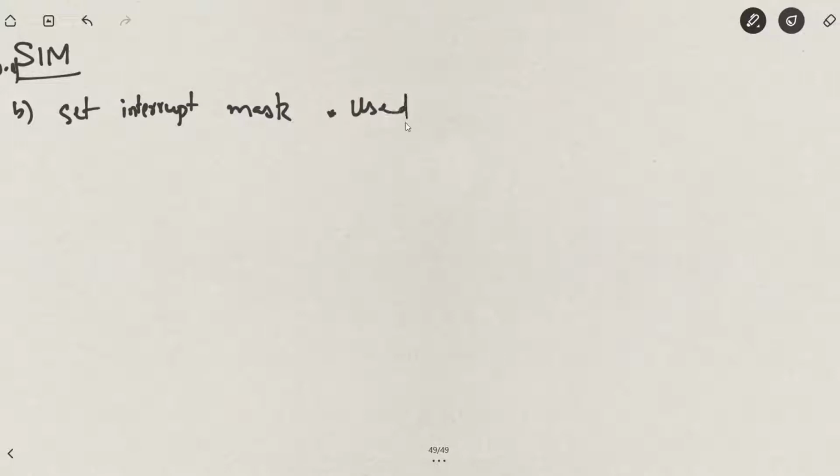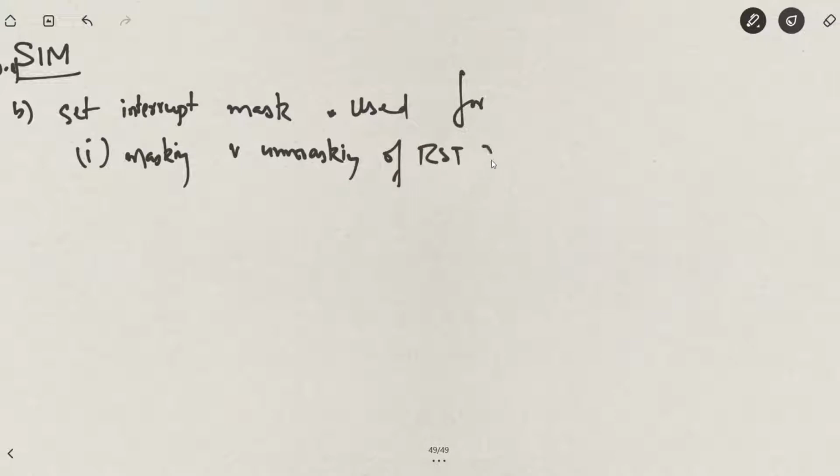So it serves two purposes: firstly, masking and unmasking of RST 7.5, 6.5 and 5.5, and secondly, serial output of data.